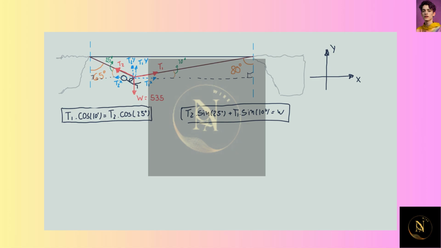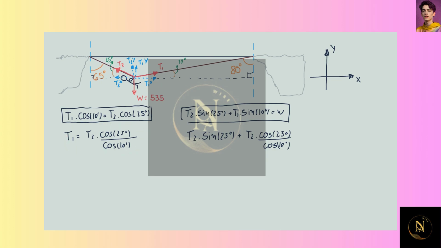Okay, using the equation on the left, we know that T1 is equal to T2 times the cosine of 25 degrees divided by the cosine of 10 degrees. Then, using the other equation, we have T2 times the sine of 25 degrees plus T2 times the cosine of 25 degrees divided by the cosine of 10 degrees. This is T1, but I know from the other equation that T1 is given by this relation.